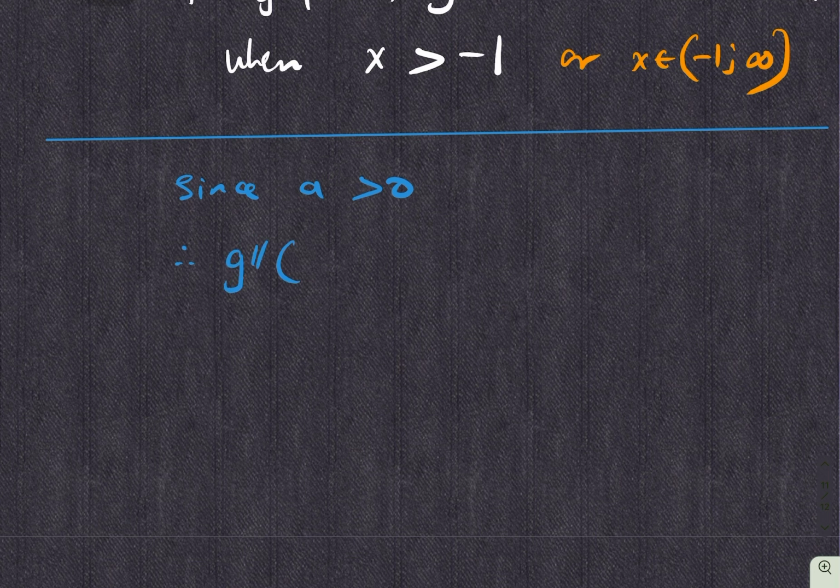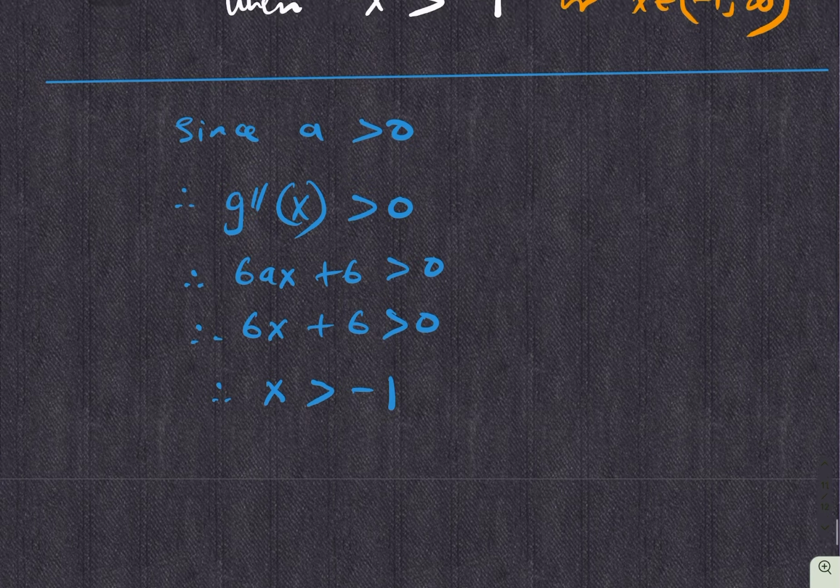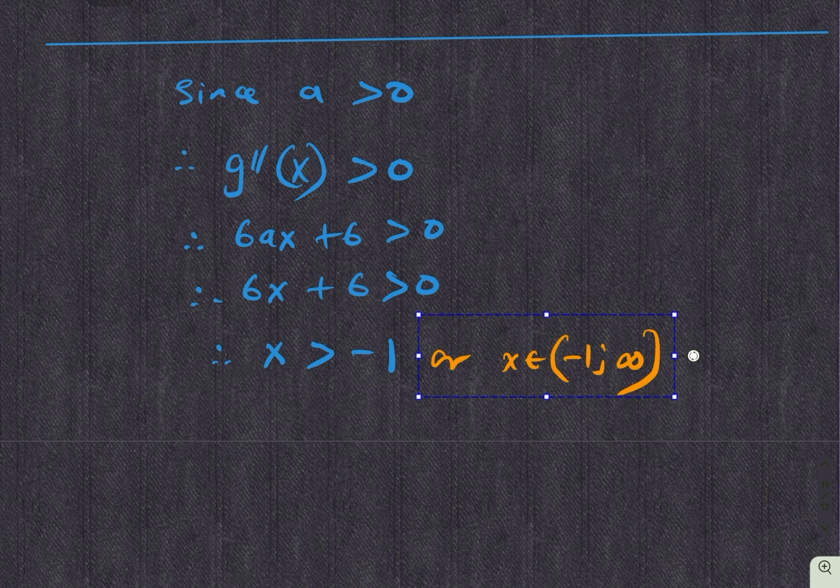It's going to be concave up if g double prime at x is positive. So therefore, you're going to have 6ax plus 6 bigger than 0. Therefore, a was 1, so you get 6x plus 6 bigger than 0. And as a result, you're going to get x bigger than negative 1. So this is how you really write it. You must write one option here.